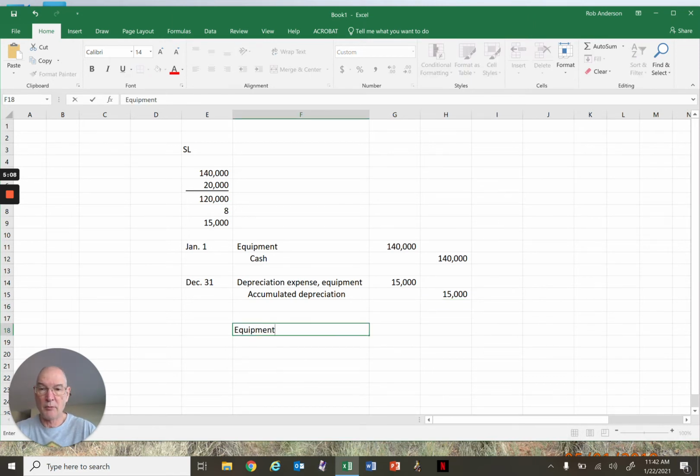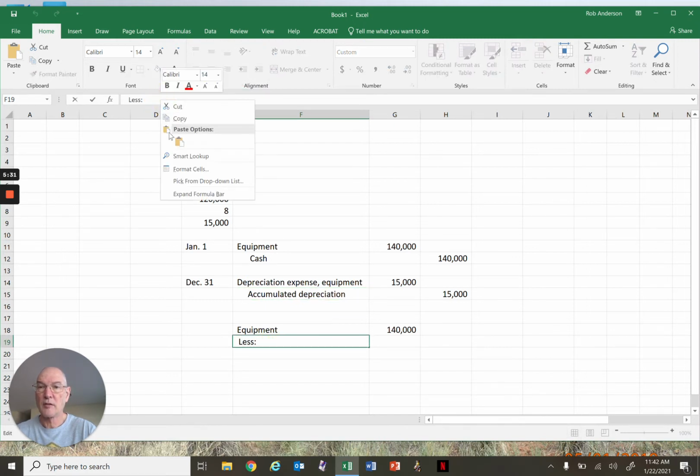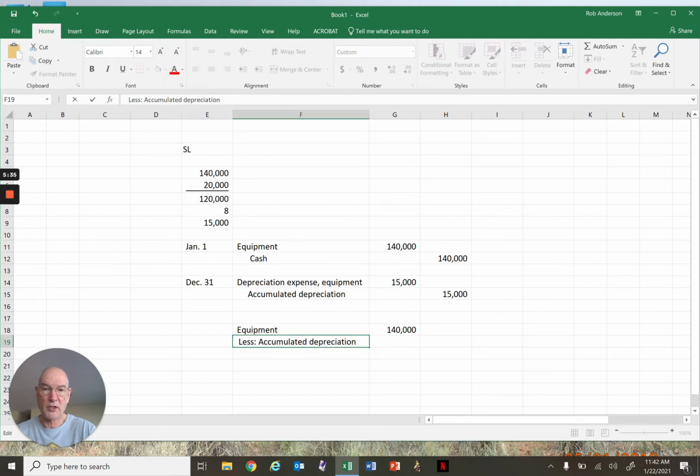It would be equipment, 140,000, less accumulated depreciation, 15,000.